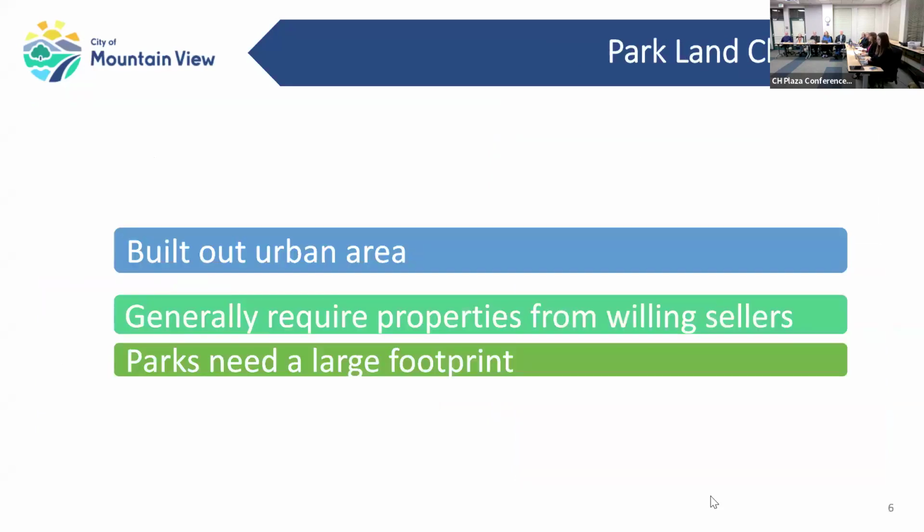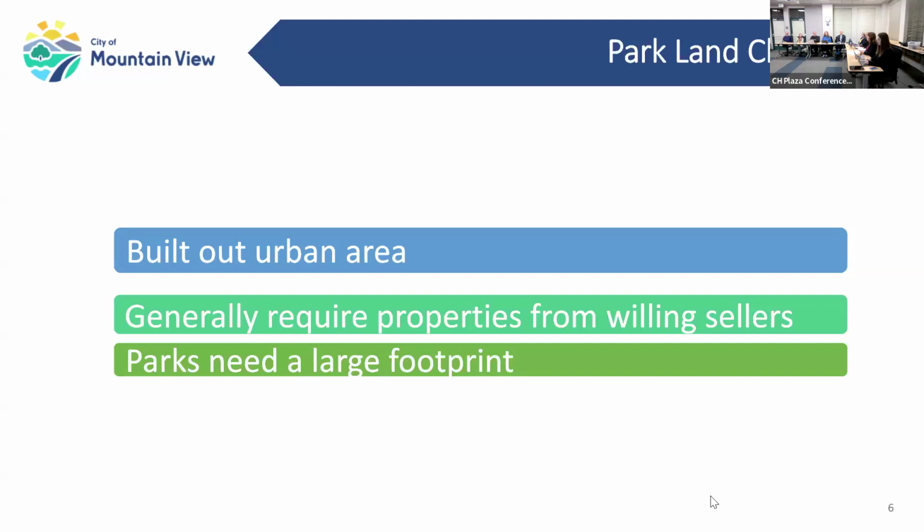Well, I just like to remind everybody of how challenging it can be to acquire parkland in the city of Mountain View. We're a built-out urban area, so there isn't a lot of large vacant spaces to acquire. Also, we'd like to have willing sellers for our parks, so you have to be convincing on the acquisition, and people need to want to sell. And parks also need a large footprint.